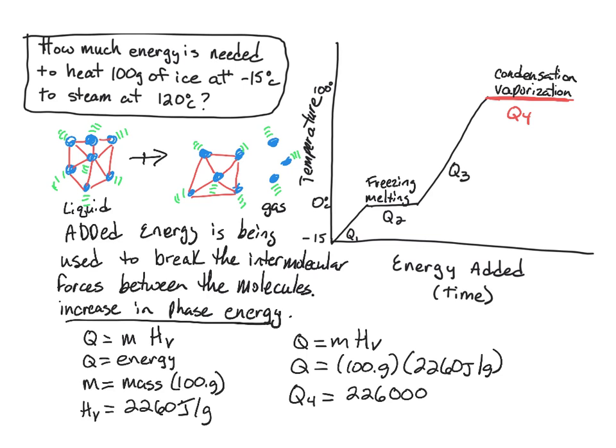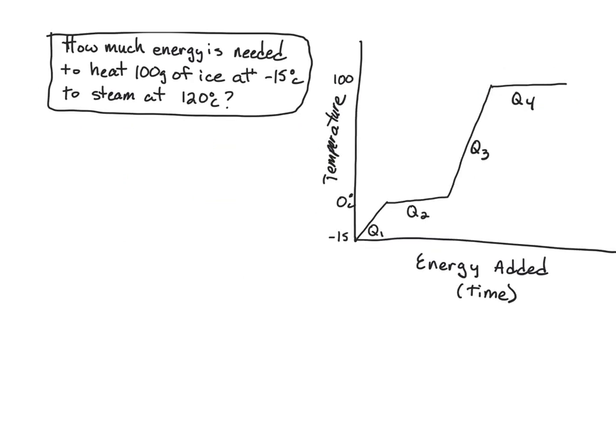I need 3 significant figures in this answer because this one came from my question. So the amount of energy it's going to take to completely boil my 100 grams of water will be 226,000 joules of energy.